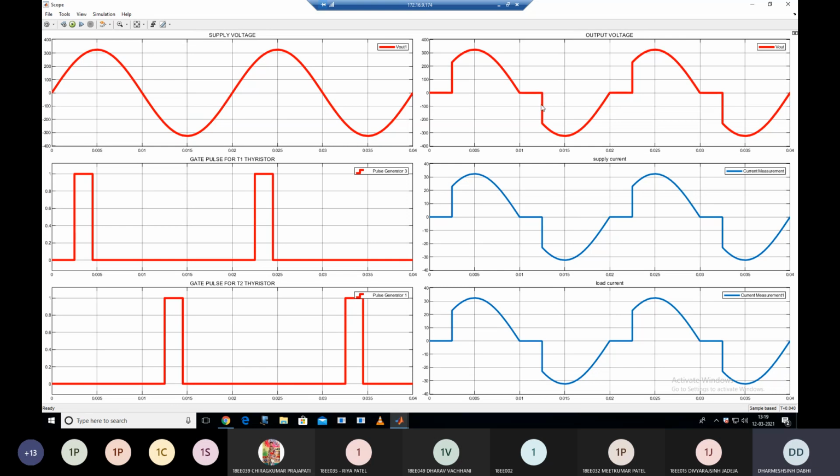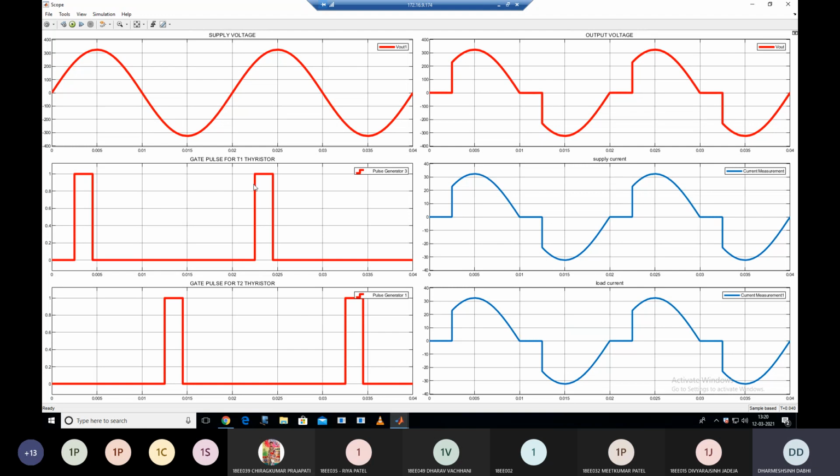At pi plus alpha, meaning 225 degree, you apply the gate pulse to thyristor T2, so it starts conducting. Now you get an output voltage the same as your supply, which is negative, up to 2 pi or 360 degree. Again, the next cycle starts at alpha 45 degree.